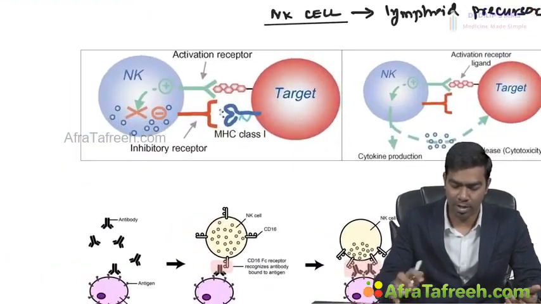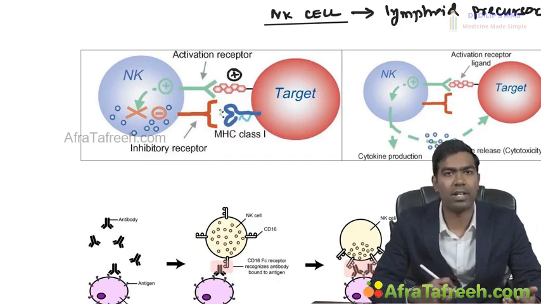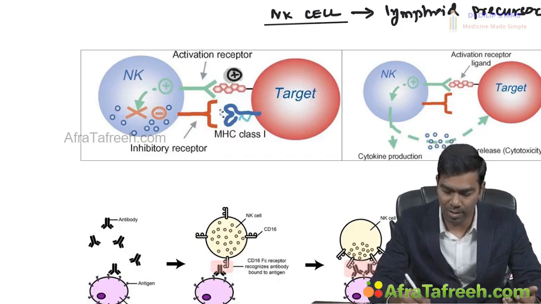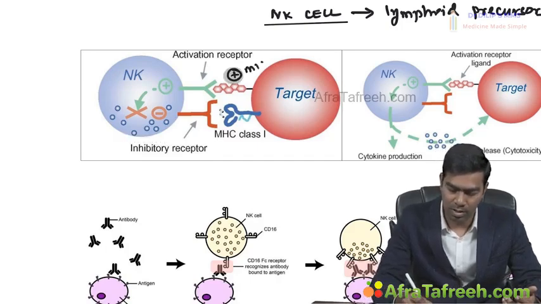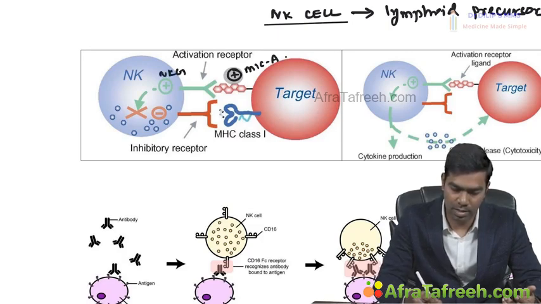So let me come back to that. First, this is an activating receptor on the target cell side. I told you the activating receptor is typically something called MICA on the target cell side, and this will be recognized by NKG2D or LY49H.